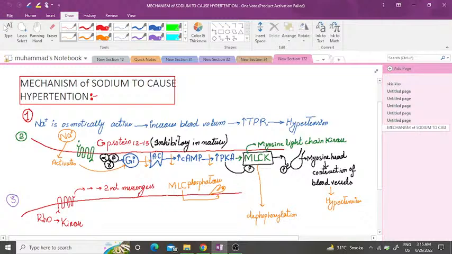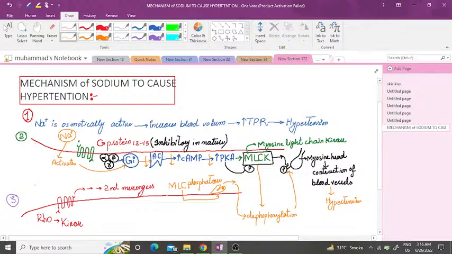This myosin light chain phosphatase causes the dephosphorylation of the myosin head, meaning it removes the phosphate from the myosin head, and in this way myosin light chain phosphatase decreases the contraction phenomenon.